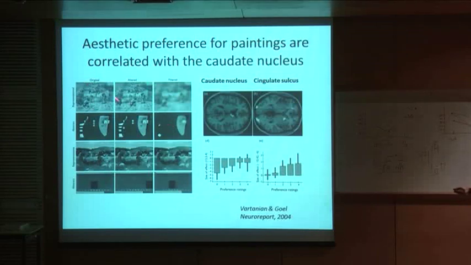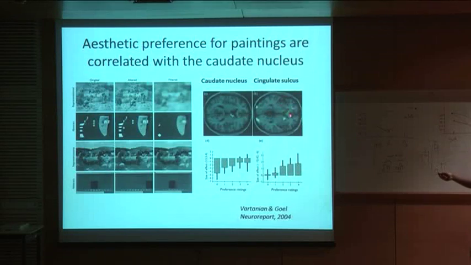The subjects had to rate the original or the modified paintings, and the degree of this rating was associated with activation in other regions, those that we discussed before. One of them is another region of the reward circuitry, the caudate nucleus, and actually this region is involved in depression. When the preference for paintings was low, so the subjects didn't like the painting, this region had a reduced activation, and as they liked the painting more and more, the activation was more and more approaching baseline.